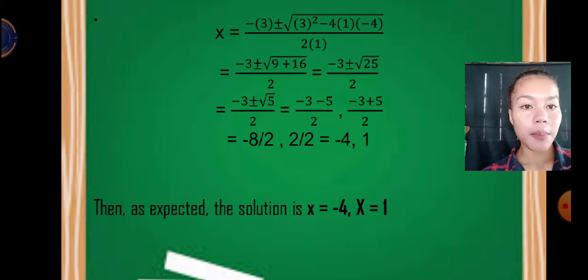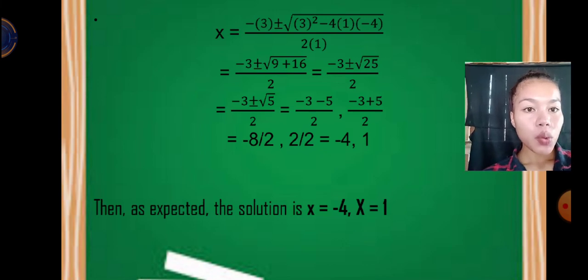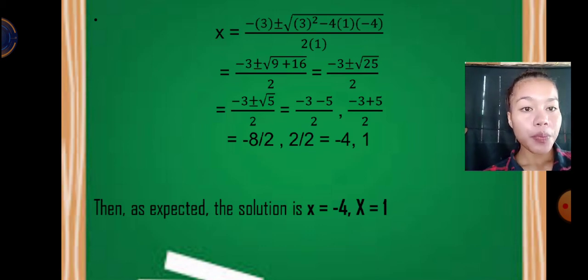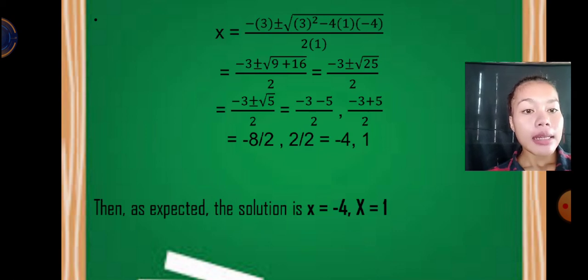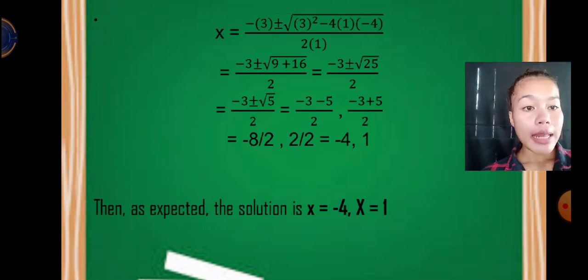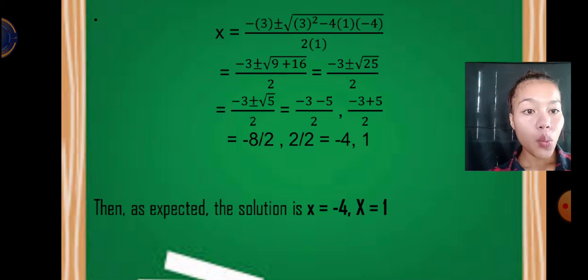So negative 3 minus 5 becomes negative 8 over 2, and negative 3 plus 5 over 2 becomes 2 over 2. Okay, we came up with the answers negative 4 and 1, because negative 8 over 2 is equal to negative 4, and 2 divided by 2 is 1. Then as expected, the solution is x is equal to negative 4 and x is equal to 1.